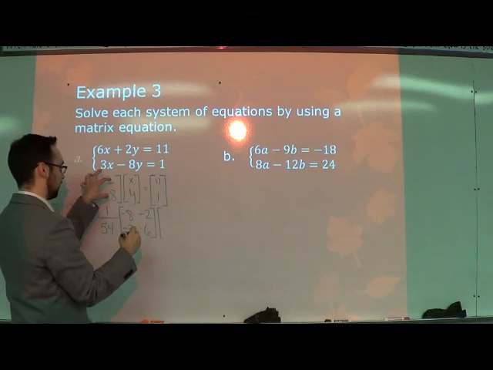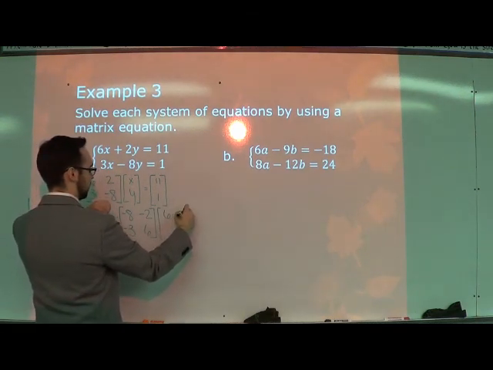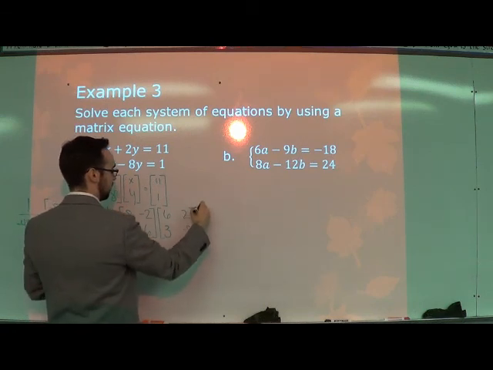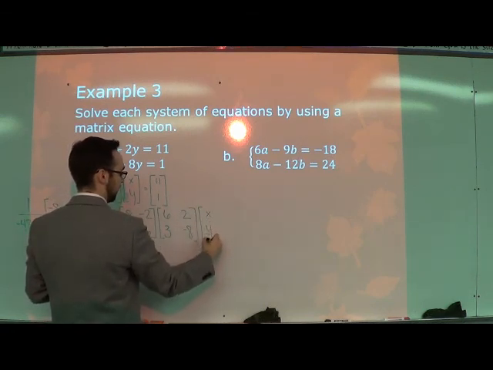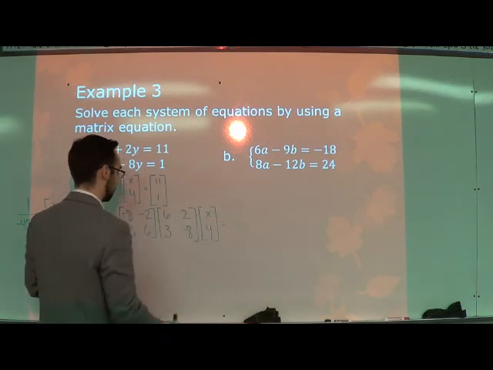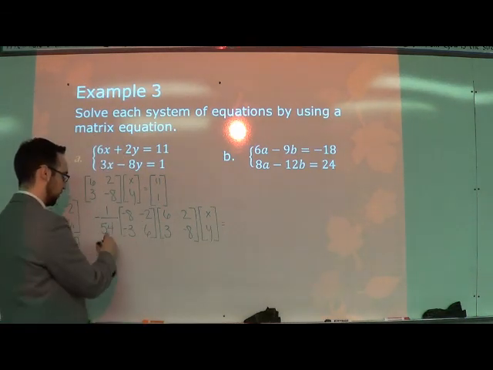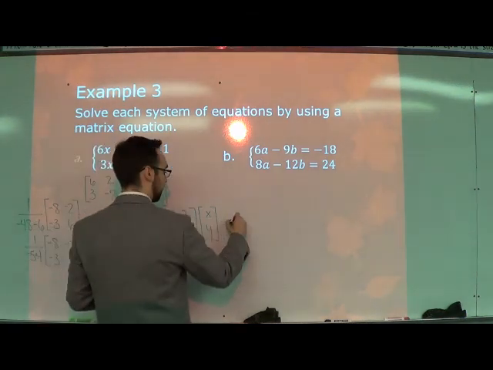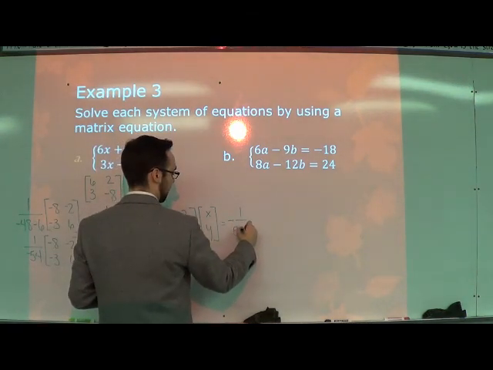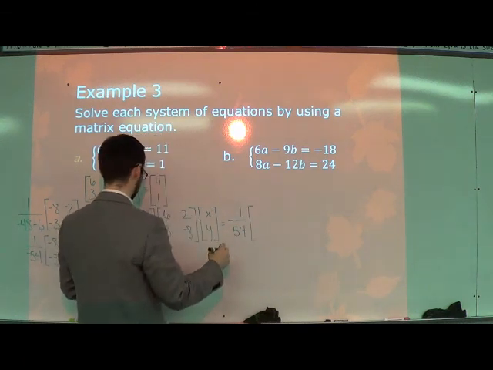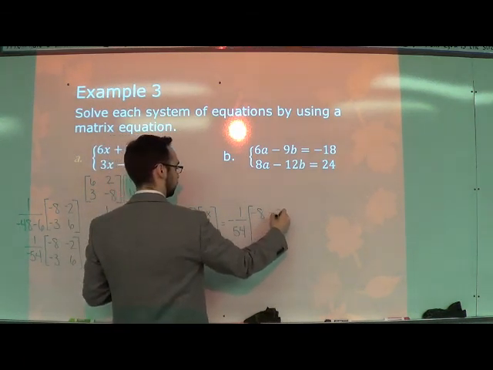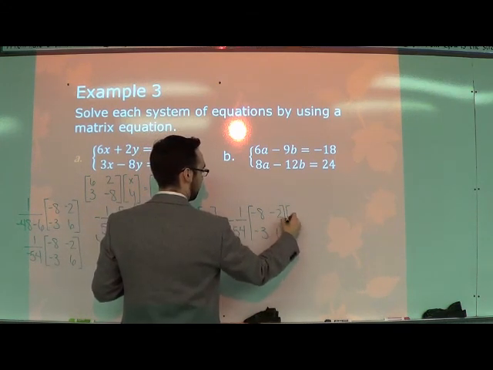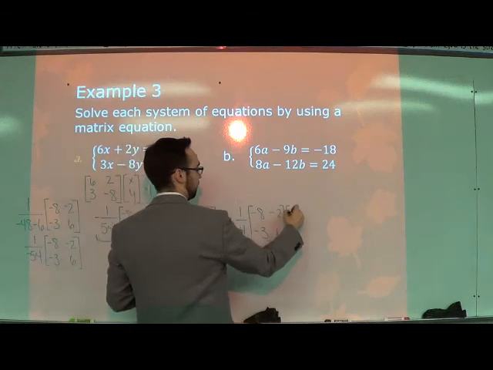Then I'm going to keep the regular matrix, 6, 2, 3, and negative 8, times x and y, equals, and now this whole thing together creates the inverse, so I have to put that whole thing on the other side, and then multiply that by our 11 and 1.